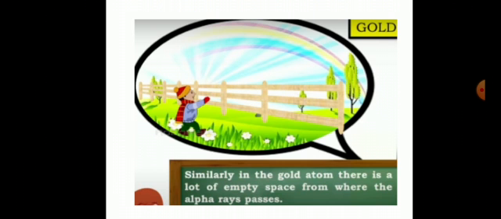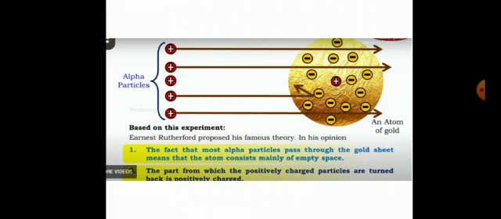Similarly, in gold atoms there is something which is not allowing the alpha rays to pass through it, and there must be a positively charged part which is not allowing the positively charged rays to pass through. This means the positively charged part will repel the positively charged beam of alpha rays, and that's why the rays bounce back.